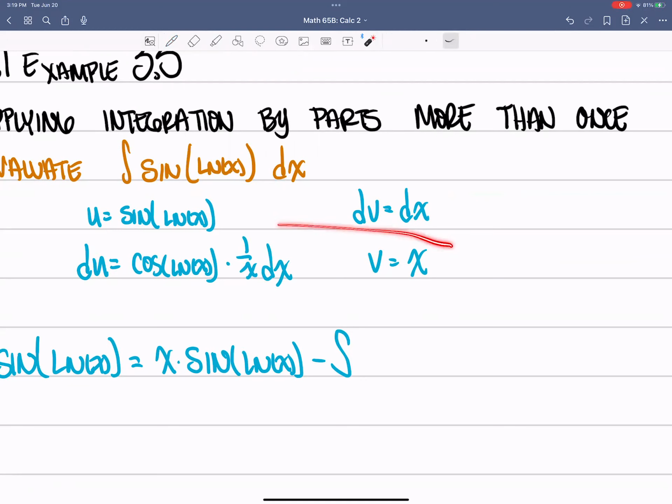So v du, we're multiplying these right here. The x's divide out, so we're left with just this part here: cosine of ln of x dx.